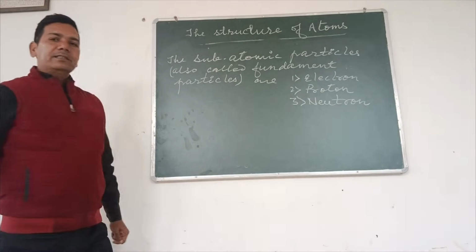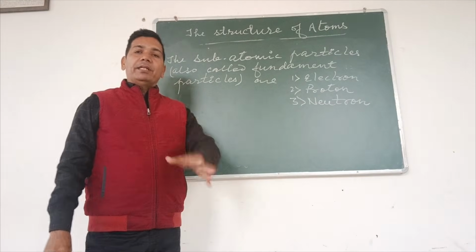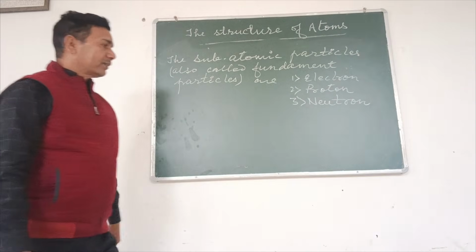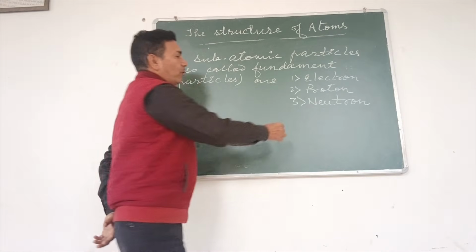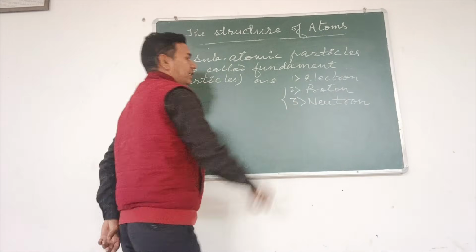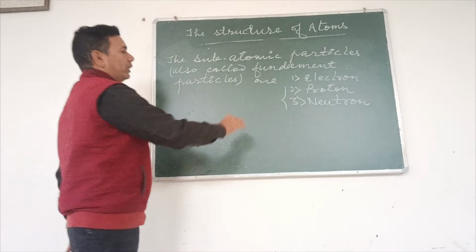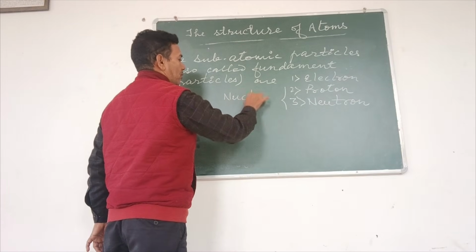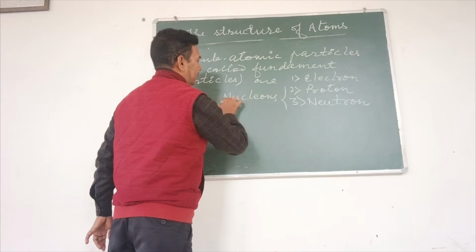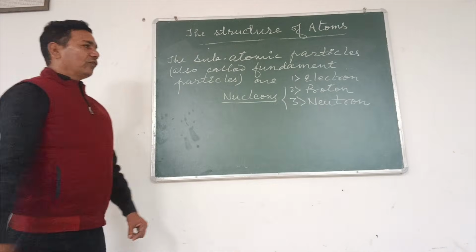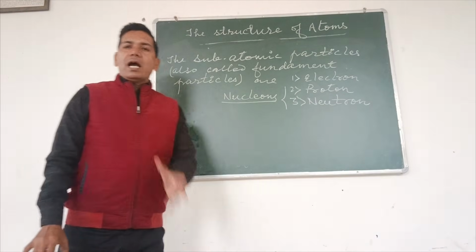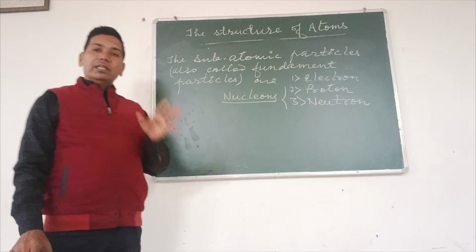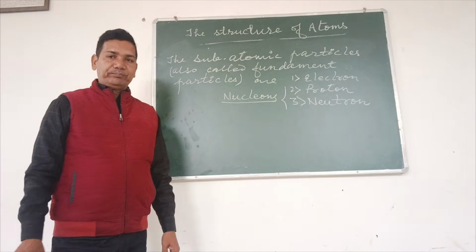These three particles are called fundamental particles of an atom. In the nucleus, protons and neutrons are found, so they are also called nucleons. Protons and neutrons altogether are called nucleons because they live in the nucleus of an atom.